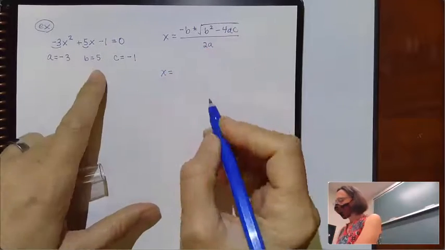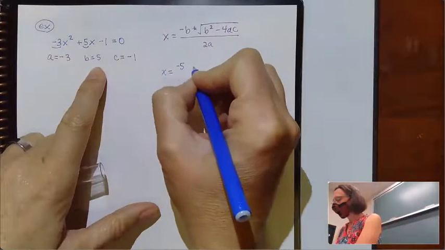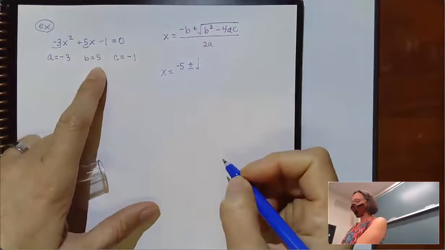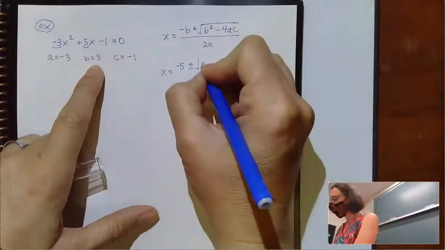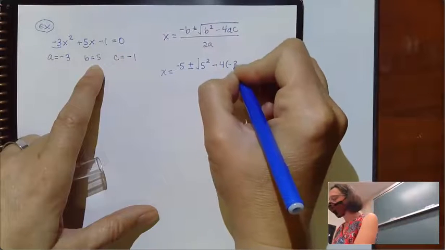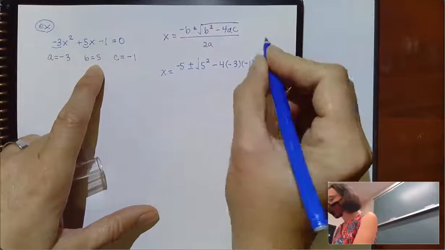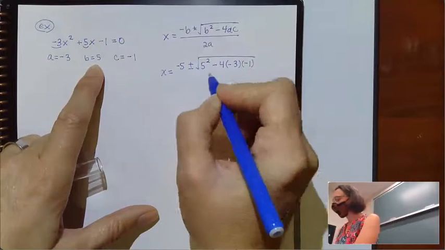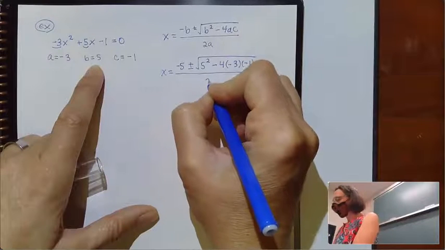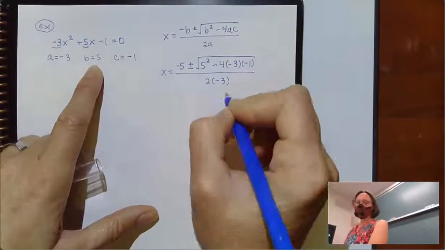I'm looking at -5 plus or minus the square root of 5 squared minus 4 times -3 times -1. And all of that is inside of a square root. And then the entire thing is over 2 times -3.